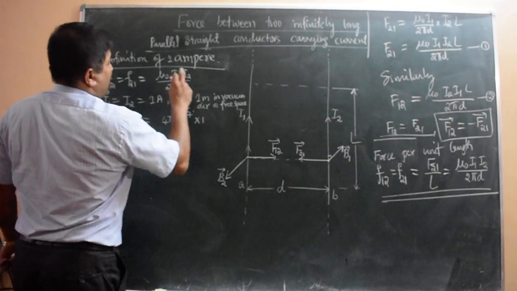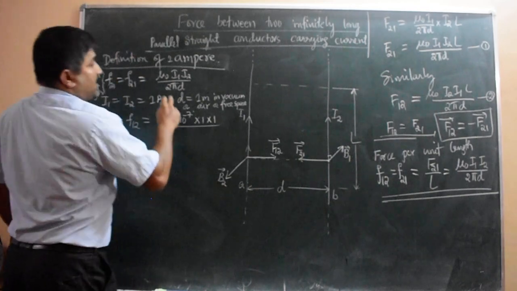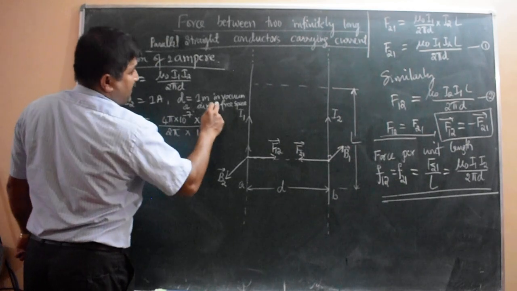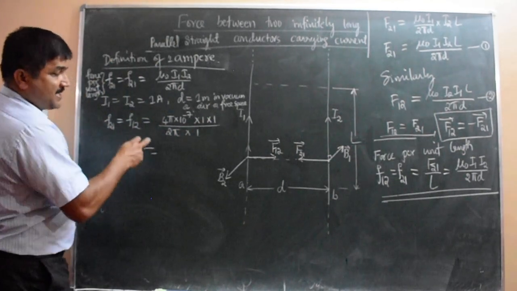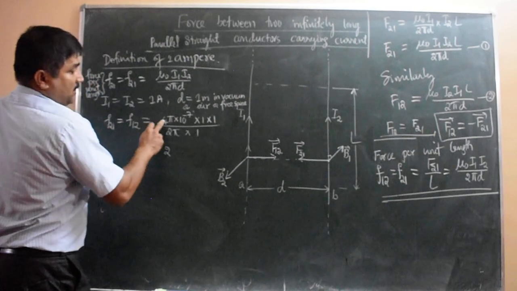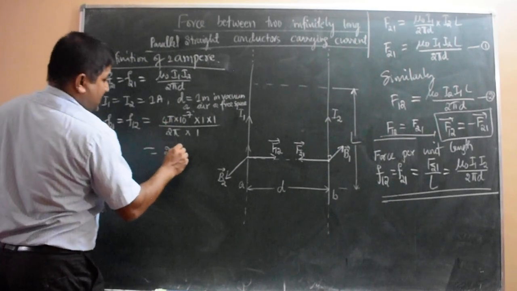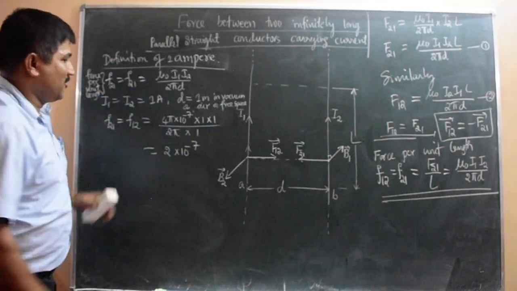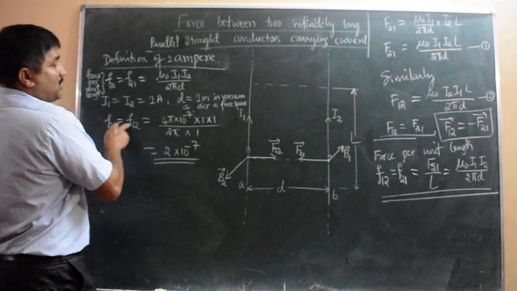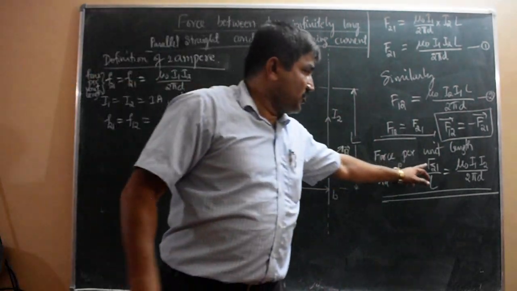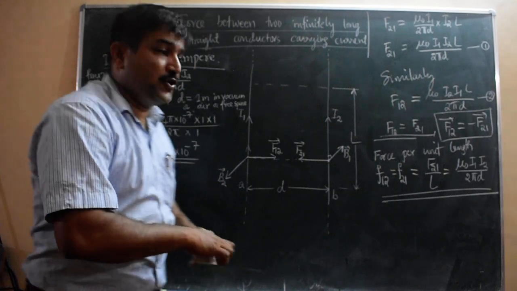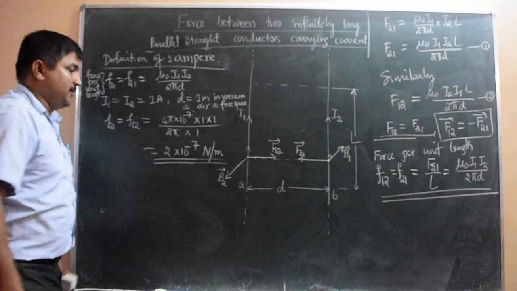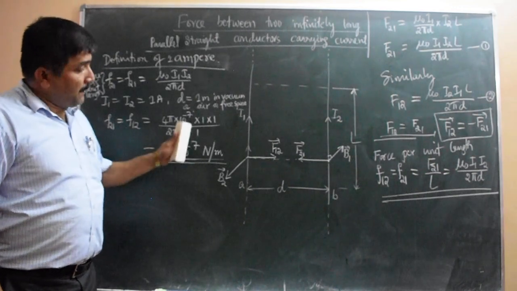Current I1 is 1, current I2 is also 1, divided by 2 pi into d, which is 1 meter in vacuum. So what happens to this expression? 4 pi by 2 pi is 2, 10 power minus 7, 1 into 1 divided by 1 is 1 only. And the force per unit length is in Newton per meter. So the unit is Newton per meter.